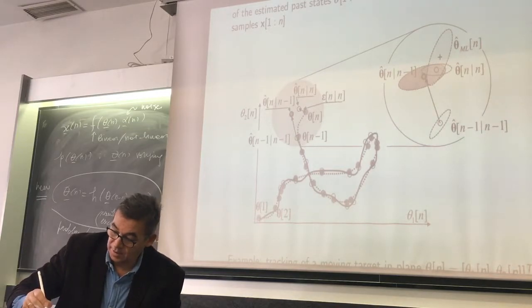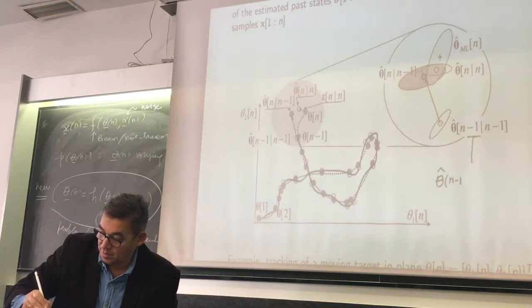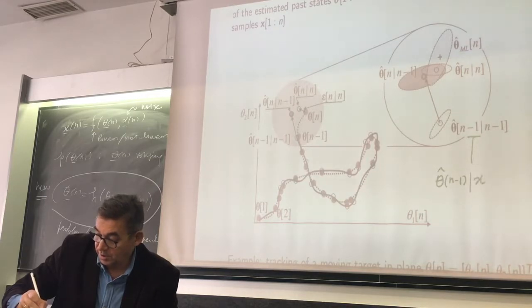Let me write here, which is the zoom. This is saying that it estimates the position at the time n-1 using all the data from 1 to n-1.